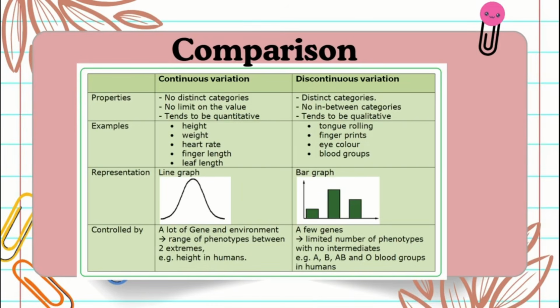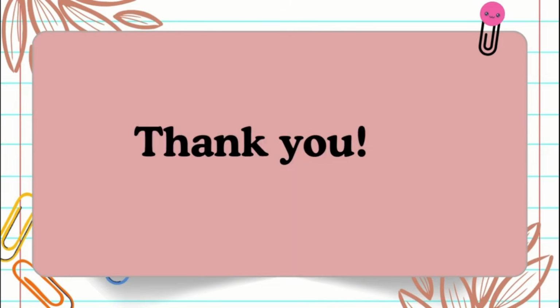Either you have blue eyes or you have black eyes. With blood groups, you have to fall into one of the categories. Versus with continuous variation, you don't have to fall completely into a category. For example, weight can be 150, 150.5, or 150.6. You can be in between. And then the graphs are represented very differently, with continuous variation showing a bell curve, while discontinuous variation shows clear, distinct categories.